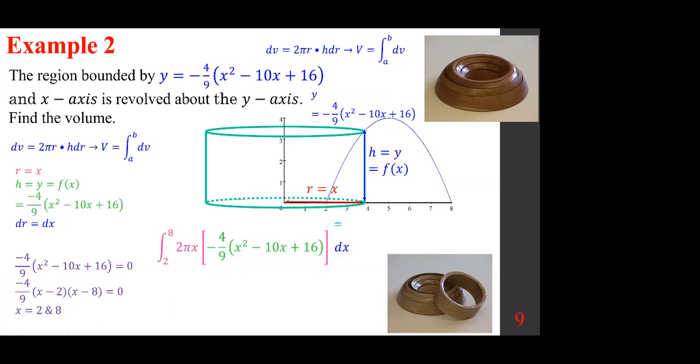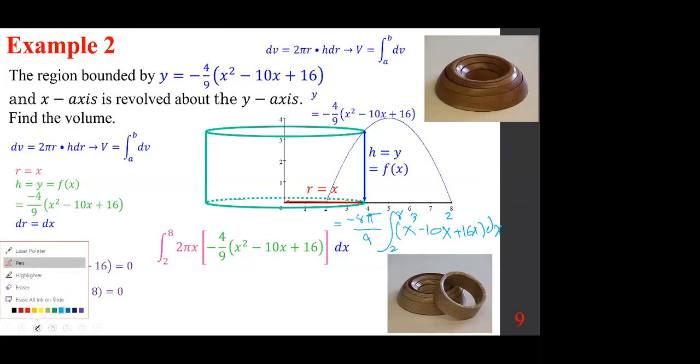2 pi and negative 4 over 9 is negative 8 pi over 9, 2 times 8. And the x gives us x cubed minus 10x squared plus 16x dx, with minus 8 pi over 9 remaining.